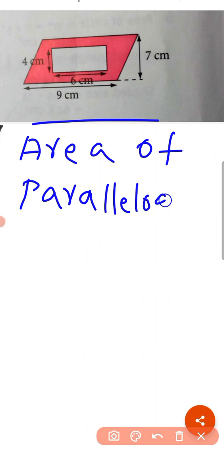So first we have to find the area of the parallelogram. Area of parallelogram is equal to BH, base into height.